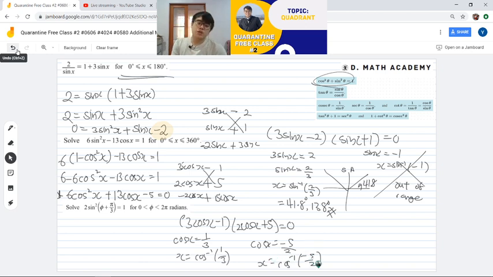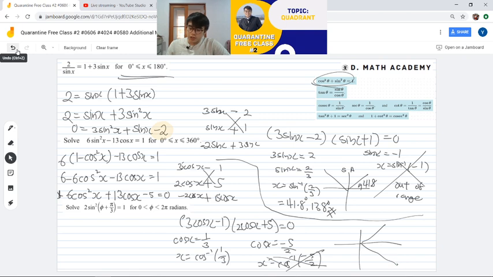When you key in your calculator, you will notice that cosine inverse 5 over 2 is not possible. Okay, so this one isn't valid. And when you draw out the quadrant, for cosine to be positive, you only have two results, here and here. So cosine inverse 1 over 3 will be 70.5. Here will be 360 minus the answer, 289 degrees.